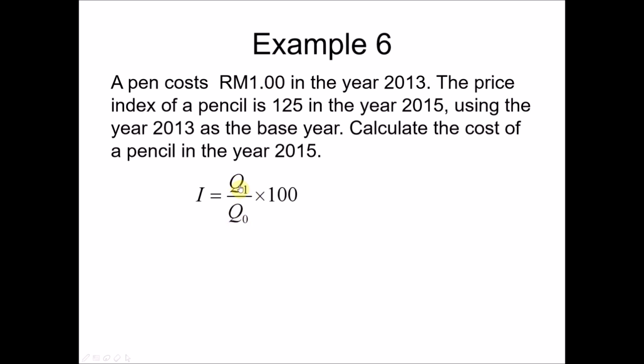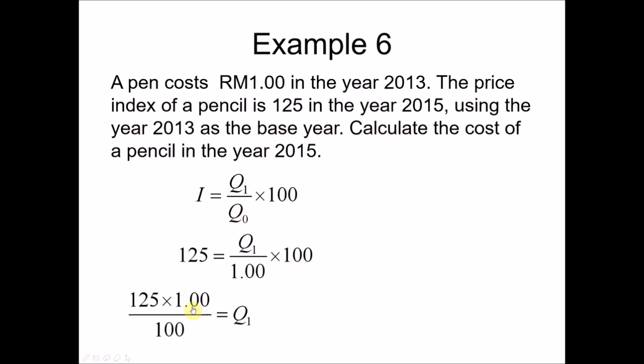Q1 is the cost of the pencil in the year 2015, which is the value that we are going to calculate. So we fill in this 125, we fill in this 1 ringgit. You bring the 1 ringgit here, you bring the 100 here. Okay, you calculate, you get Q1 is 1 ringgit and 25 cents.